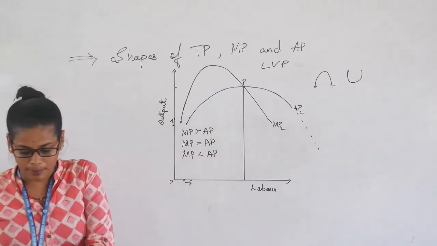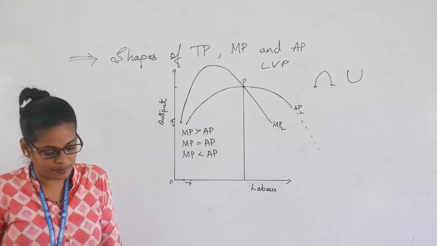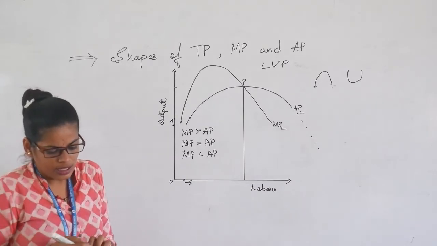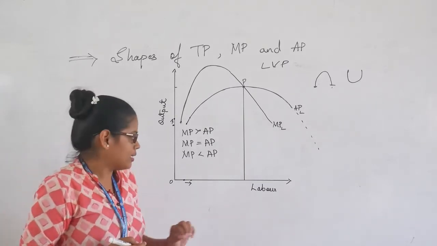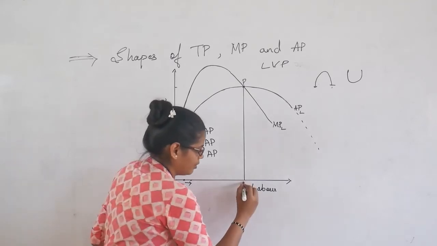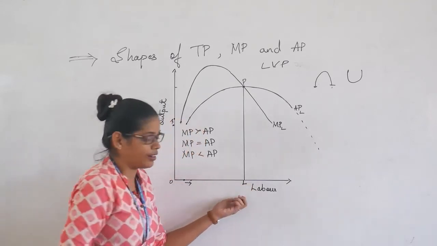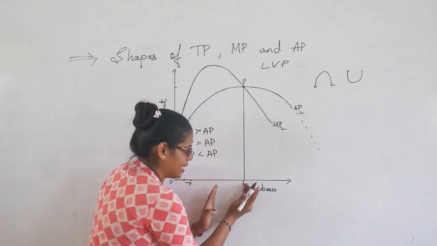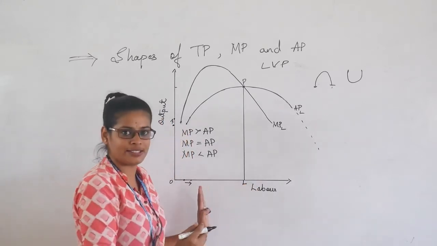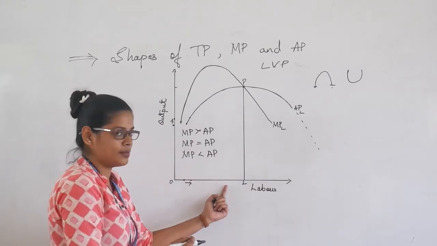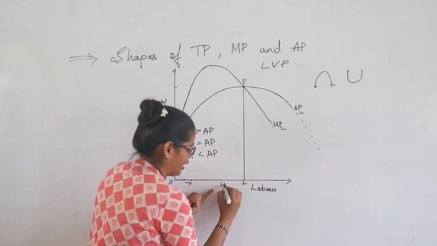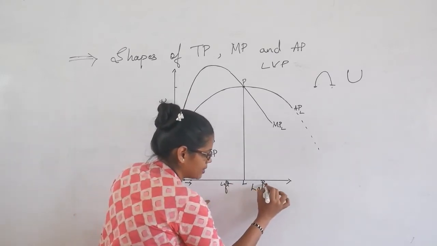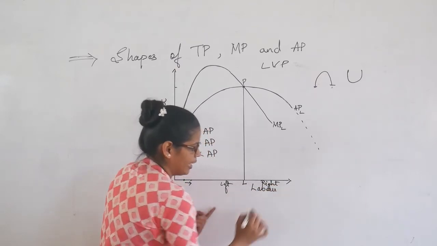So that's all about these shapes of the curves. When we have this point, we can point it as L. Okay. If you look towards the left side, this becomes the left side of L, and this becomes the right side of L.